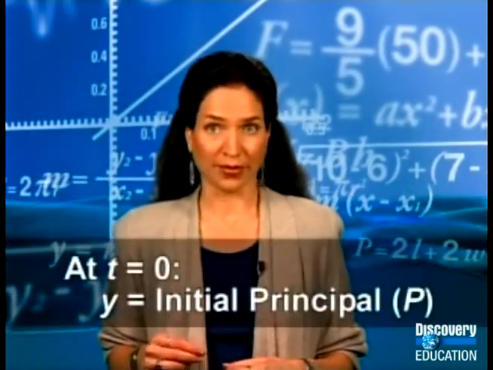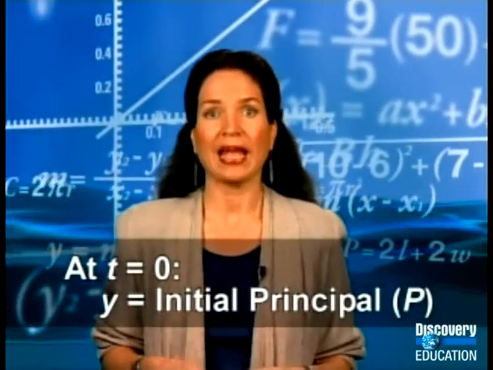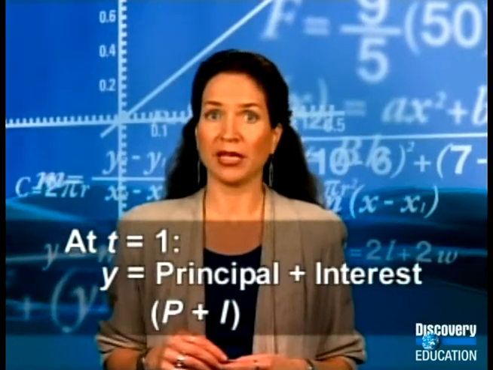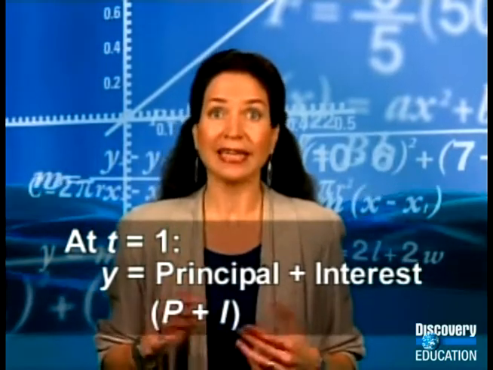We'll begin by deriving the equation for annual interest, which means the interest is compounded once a year. When t equals 0, we begin with the initial principal p. At the end of 1 year, the amount of money y will be the principal p plus the interest I gained on the principal.